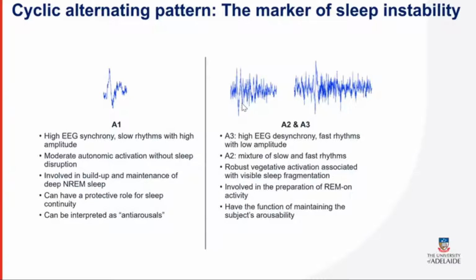The concept behind those phases is that they are thought to maintain arousability. And like with AASM arousals, those A phases are linked to autonomic activation. And it has been shown that those phases occur more frequently before sleep switches from non-REM to REM sleep.